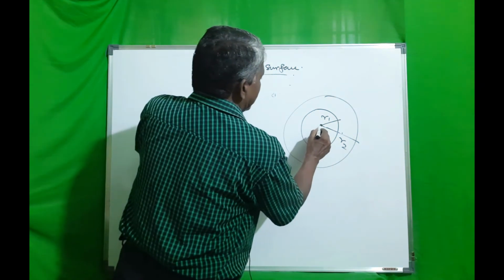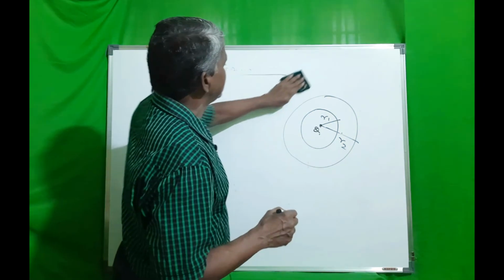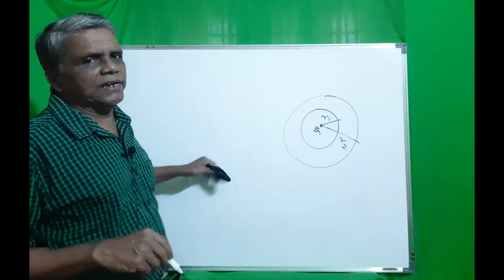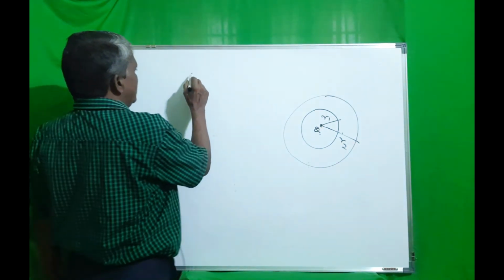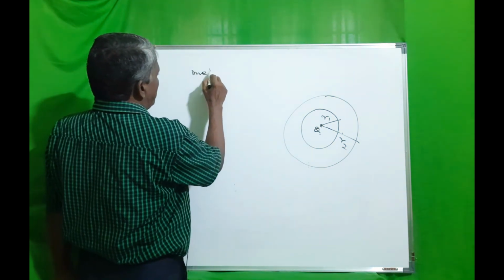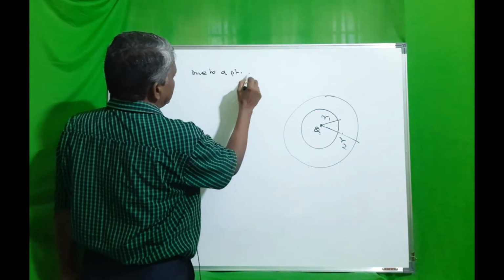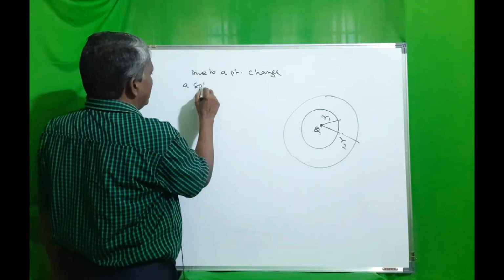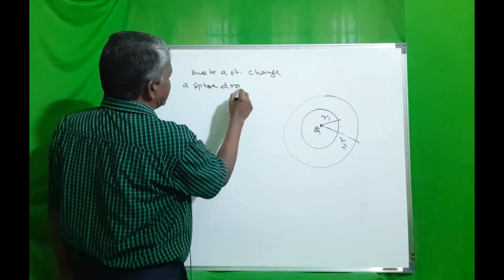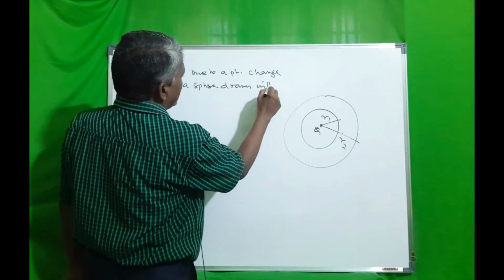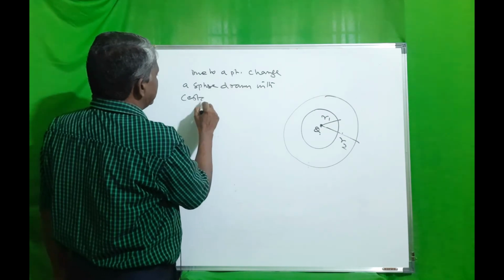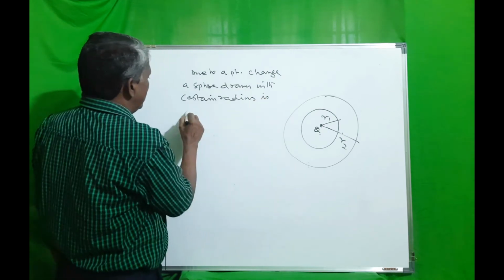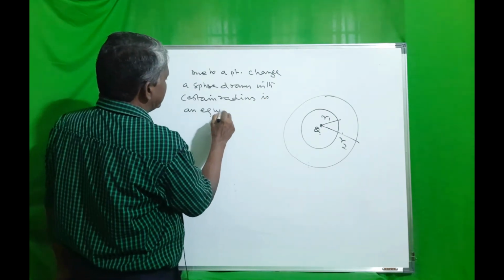So due to a point charge, a sphere drawn with a certain radius is an equipotential surface.